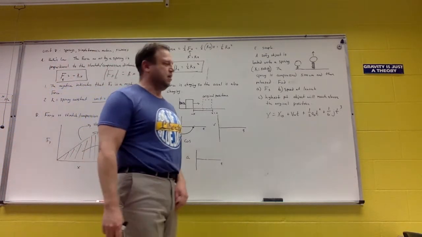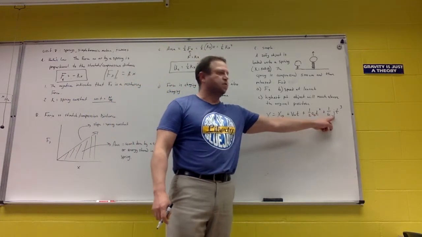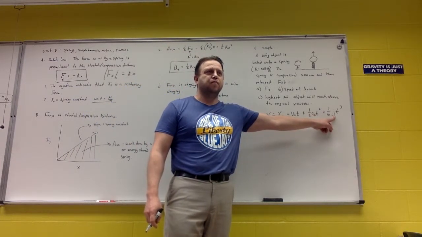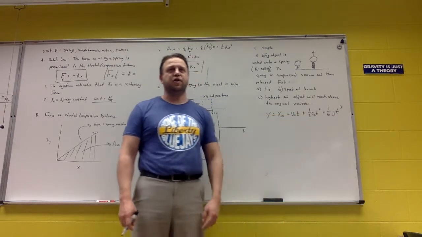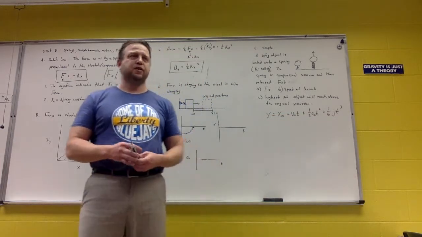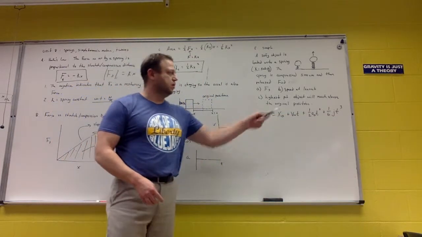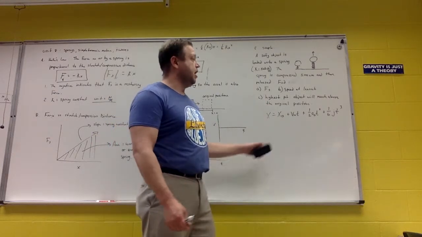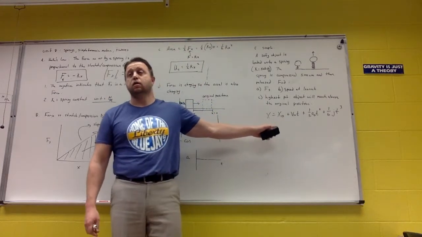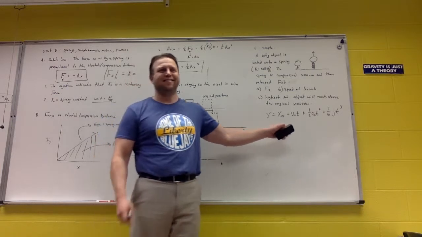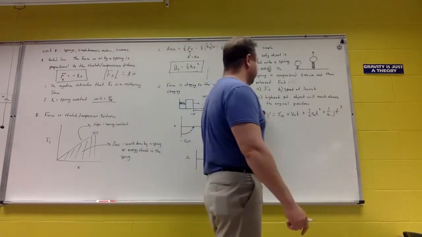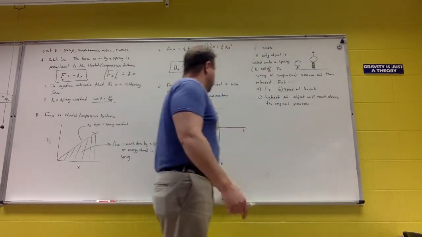That's jerk, which is your changing acceleration, and that would be your next derivative of that. So you can go through all those. So yeah, we can do this to calculate the time period for it to come off of a spring, but I don't think we're going to be doing that.